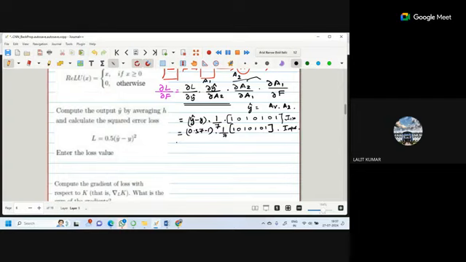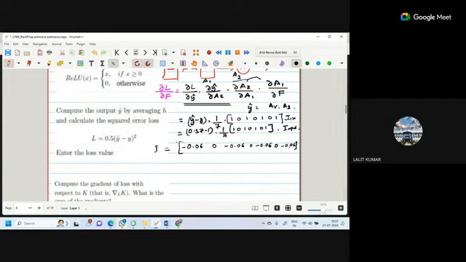If you solve this, it becomes minus 0.43 divided by 7, so minus 0.06, 0, minus 0.06, 0, minus 0.06, 0, minus 0.06.